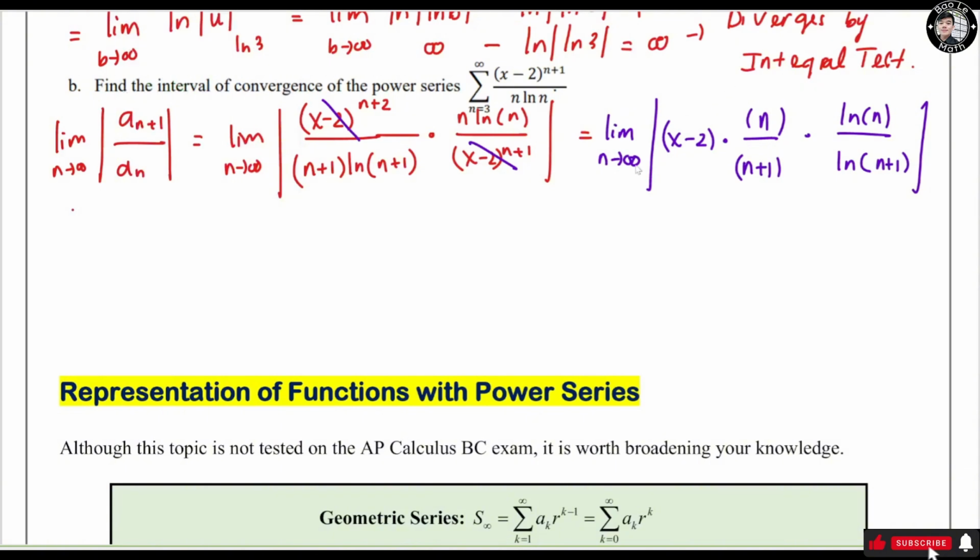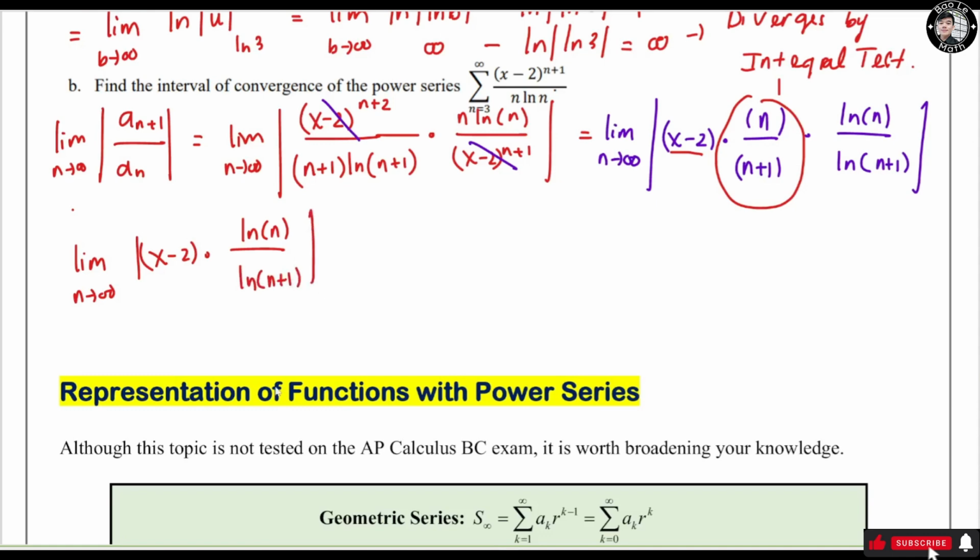Now when n approaches infinity, n over n plus 1 approaches 1. The last factor you just rewrite, so we have the limit as n approaches infinity of the absolute value of s minus 2 times ln of n over ln of n plus 1, right?